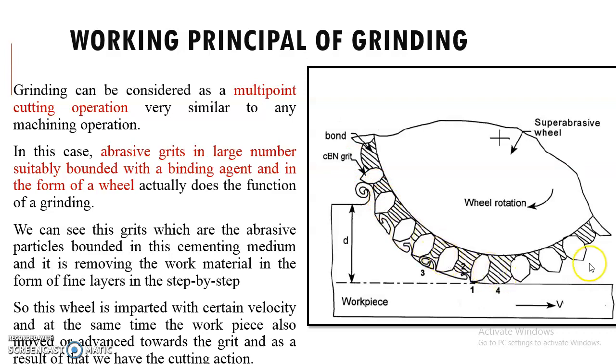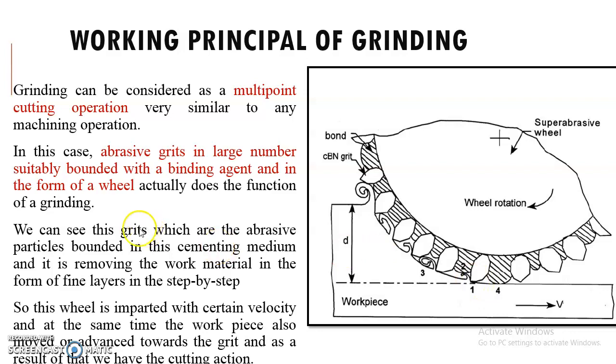Thousands of grits are attached on the periphery of this grinding wheel, where they are connected with each other with the help of a binding agent that we call a bond. It is in between the two grits which grips these two grits, and these grits are doing the exact cutting operation of a material.